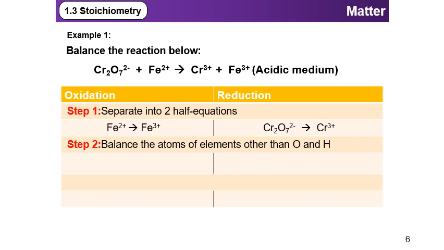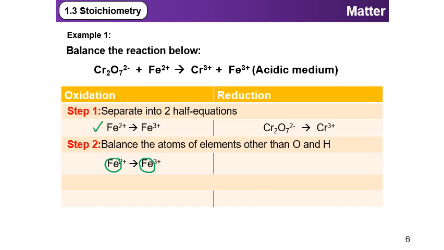Look at the first half equation, Fe2+ to Fe3+. We only focus on the number of atoms. Fe1 here and one Fe on the other side, so the Fe is balanced. We do not need to do anything for this half equation.